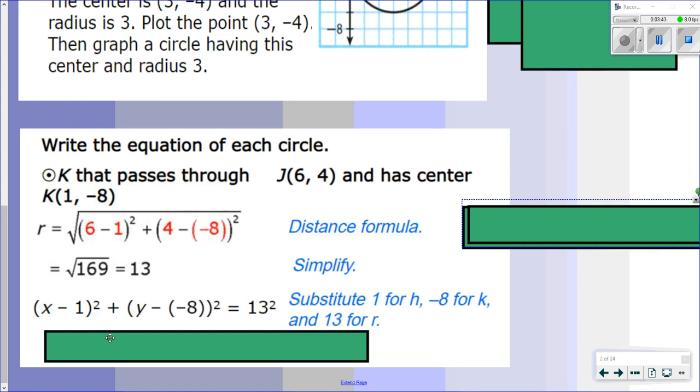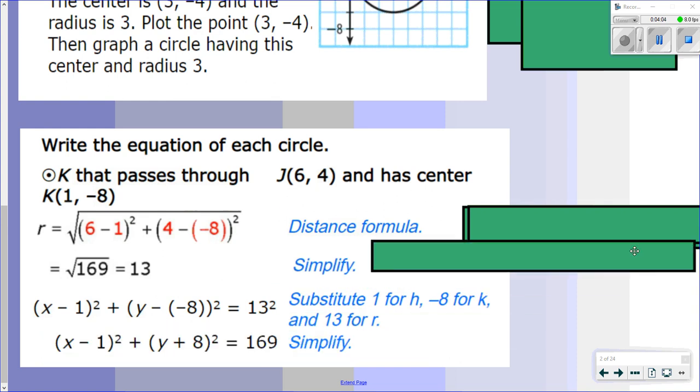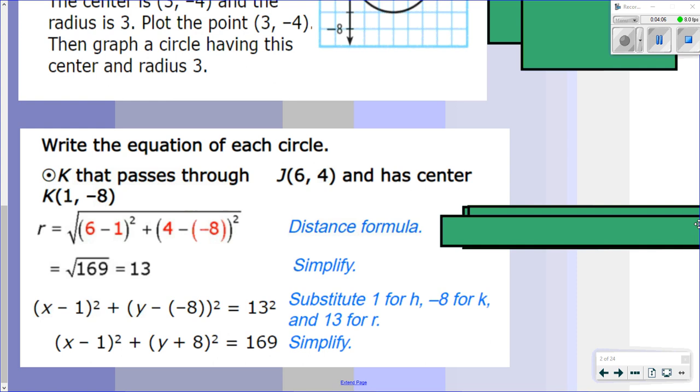So you substitute the 1 for h, and then the k with negative 8. Sorry, the center is not 6, 4. The center is 1, negative 8. Sorry about that. So you plug it in, and then you have your radius, which is 13, and you know you're going to have to square it, and then there you go. There's your circle equation.